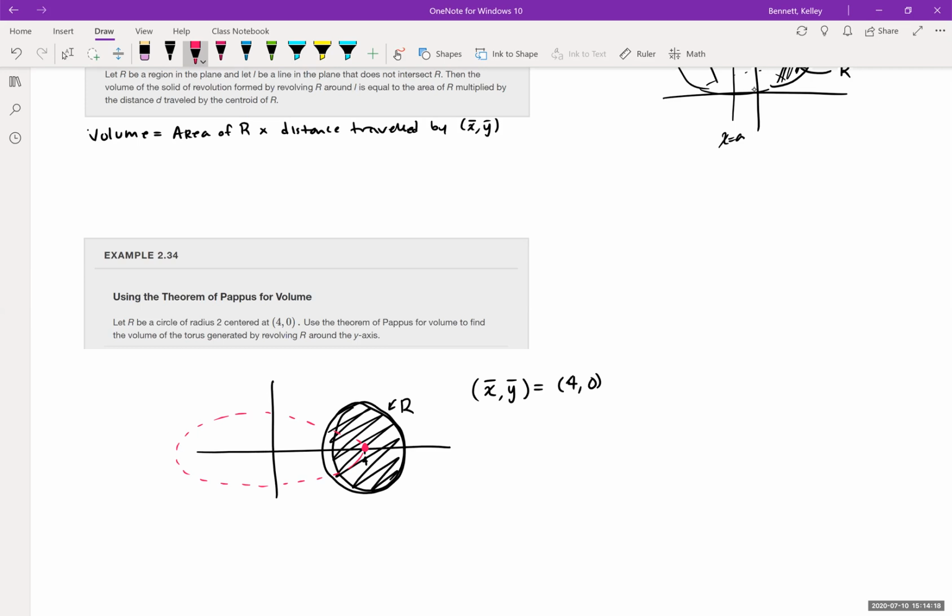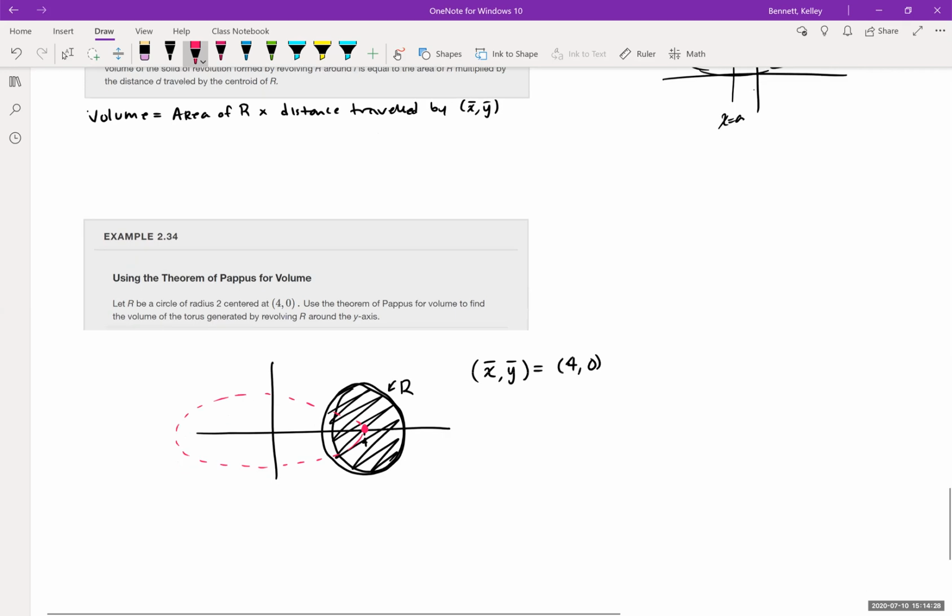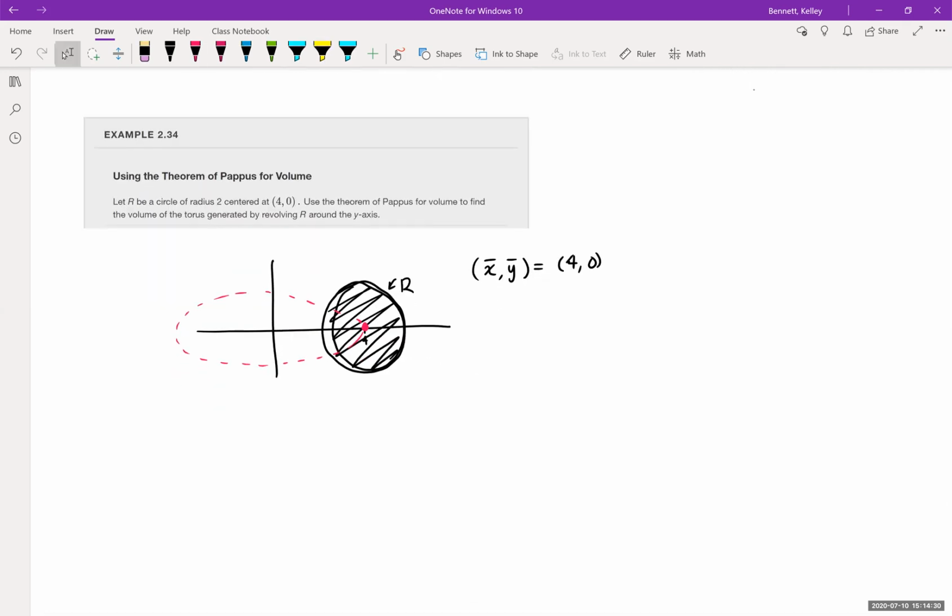So how far does this centroid travel? Well, it travels in a circle, which is great because I know the circumference of a circle is the diameter times pi. And it's also really easy for me to compute the area of the region. So the area of R is just the area of a circle with radius 2. So it's pi times 2 squared, which is 4 pi.